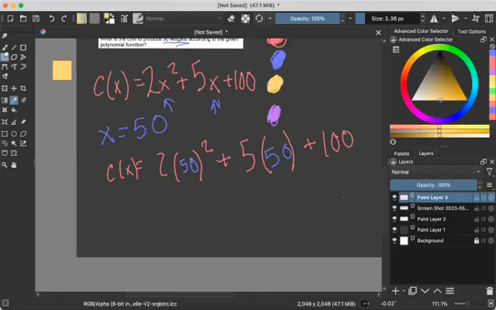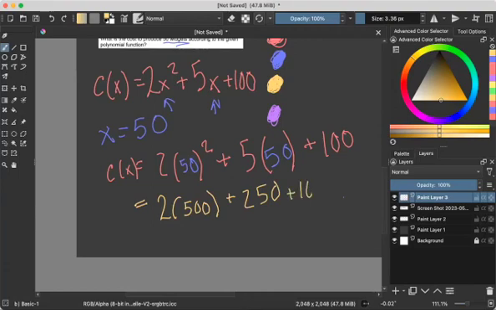Let's change it to a new color, which will give us 2 times 2,500 plus 250 plus 100, which will then equal 5,000 plus 250 plus 100.